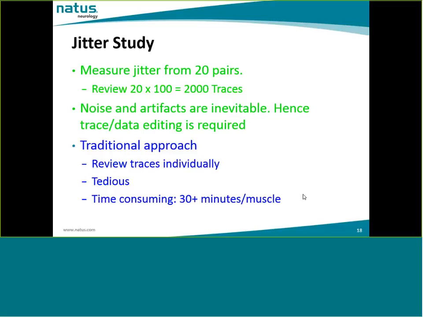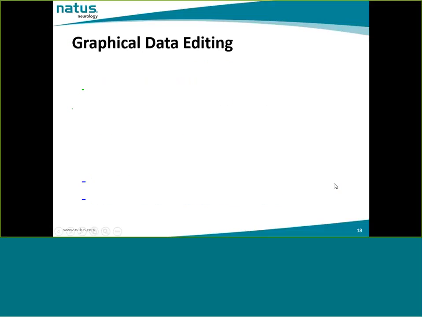To simplify jitter calculation, to reduce the time, we now use the so-called graphical data editing approach. We don't look at the traces at the first resort. We look at the graphical presentation of data to identify bad recordings. And that's the theme of this seminar.